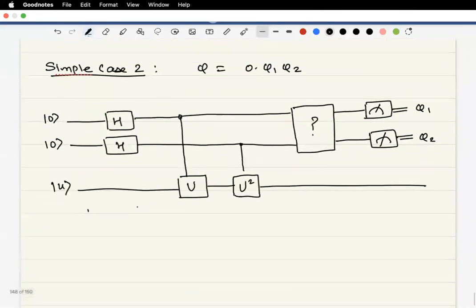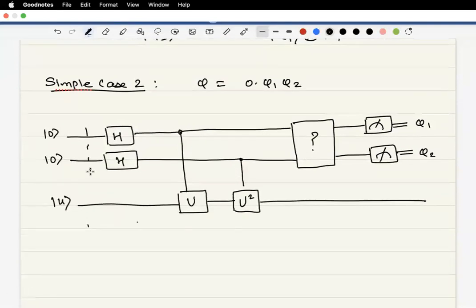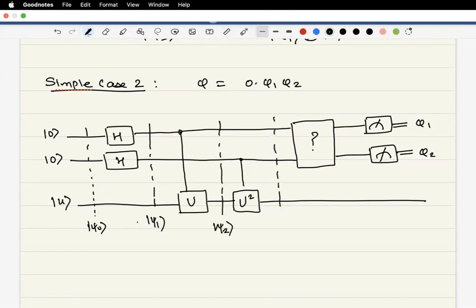So we have psi0, psi1, psi2, psi3, and maybe over here psi4. Right?